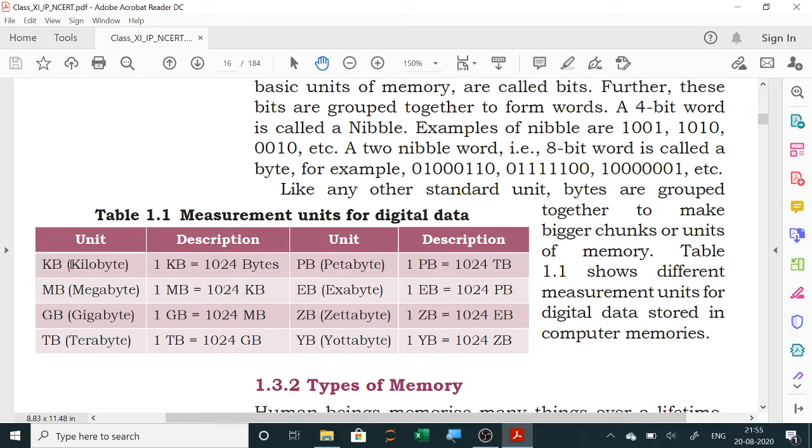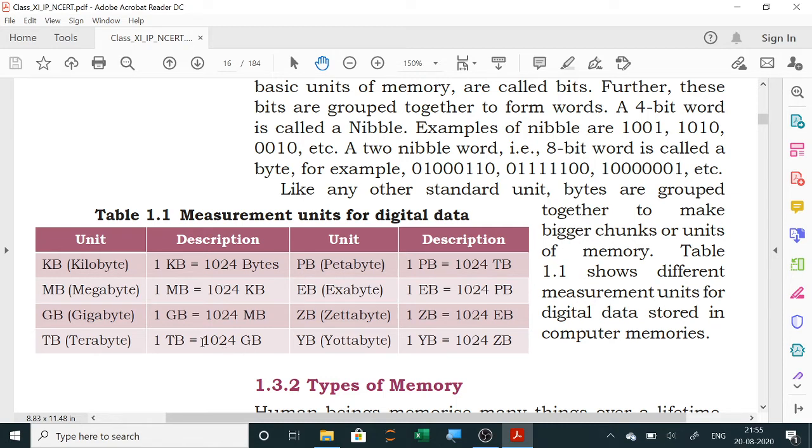Kilo, you all know, is actually 1000, but in computers we take powers of 2. So in a computer, 1 kilobyte equals 1024 bytes. 1 megabyte equals 1024 kilobytes, which equals 1024 into 1024 bytes. 1 gigabyte equals 1024 megabytes. 1 terabyte equals 1024 gigabytes.